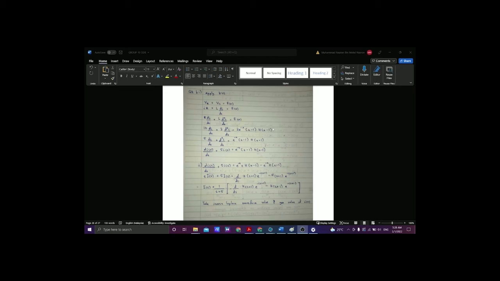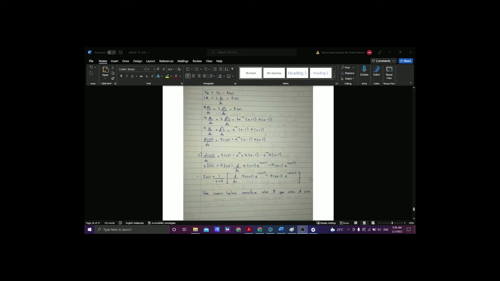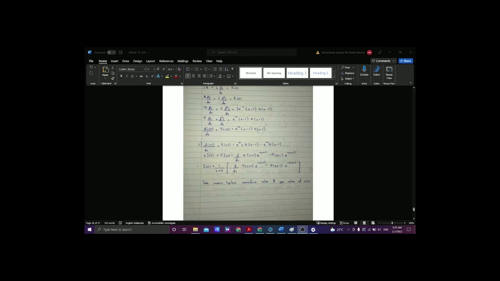And we can put in the value of V. Then we simplify the equation to get 5i plus 2 di over dt equals e negative (t minus 1) h(t minus 1). And then we can arrange it to get di(t) over dt plus 5i(t) equals exponential negative (t minus 1) h(t minus 1).